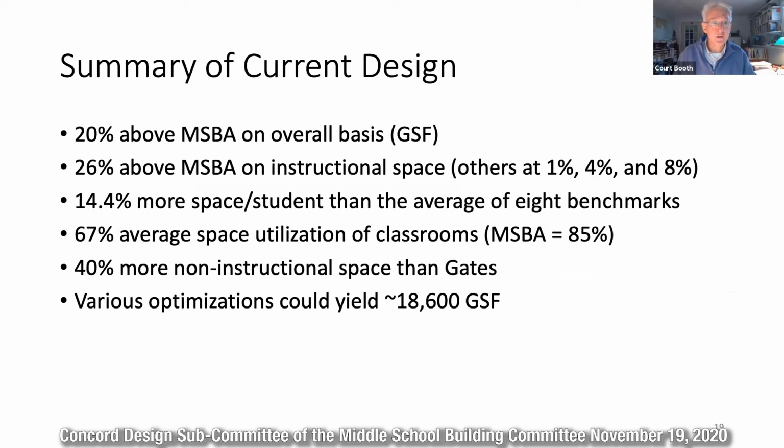And then instructional space, we've dug into that with, again, Gates and Beverly and Braintree. We then looked at the 8 Hill benchmarks, and looked at the utilization piece, looked at the non-instructional space, and came up with one hypothetical that could yield an 18,000 gross square foot difference.